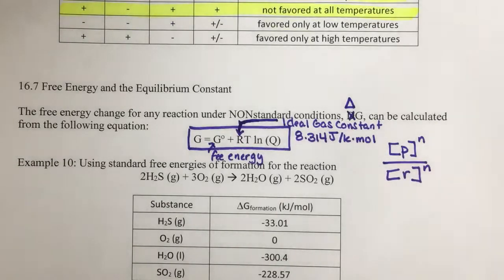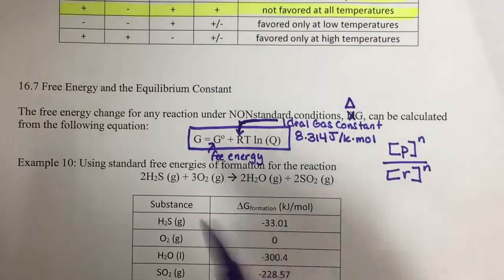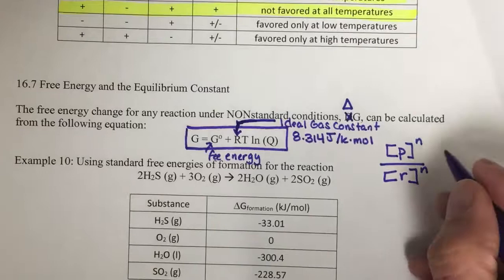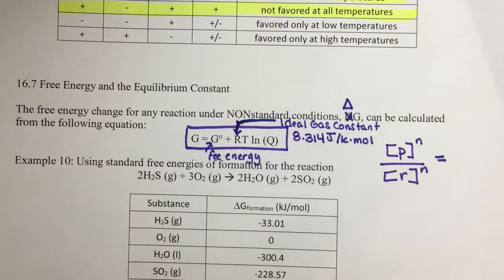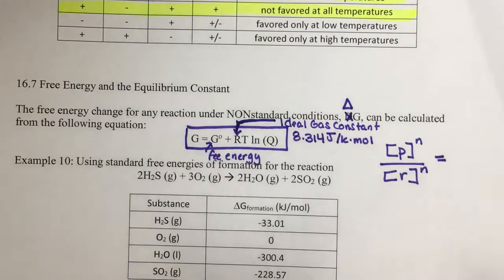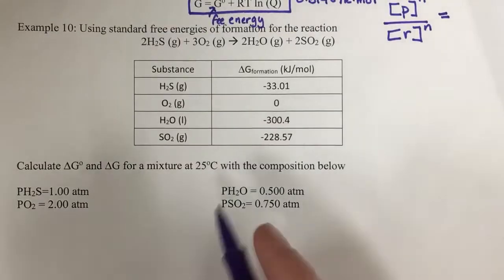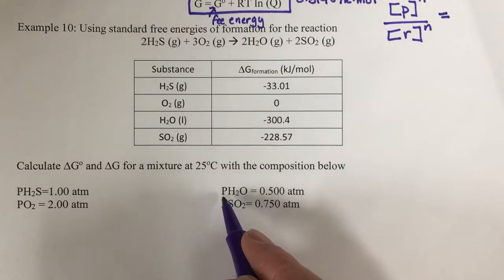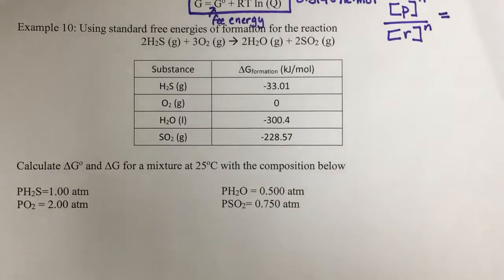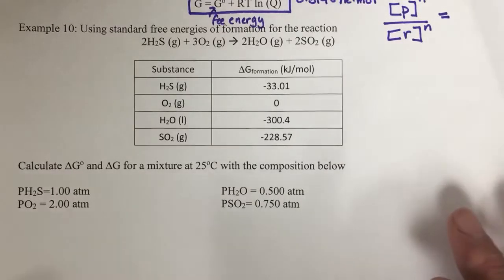Now it's important to remember that for gases, and we've got this ideal gas constant, for gases, I don't necessarily have concentrations. Sometimes I have pressures. But for a gas, the pressure and the concentration are directly proportional.